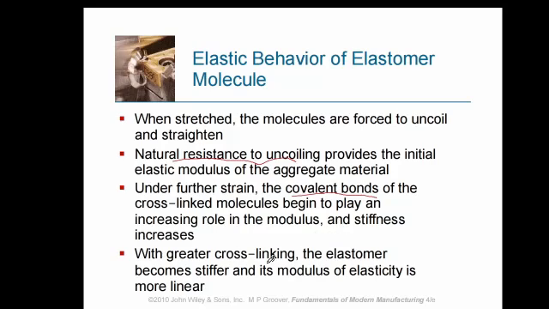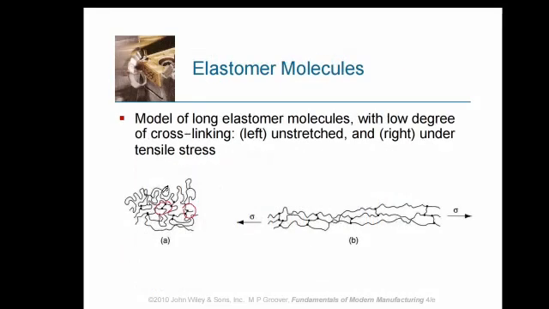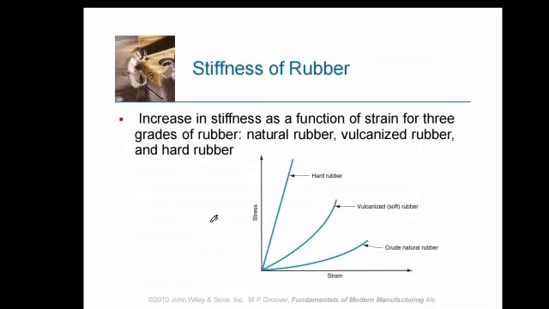With greater cross-linking, the elastomer becomes stiffer and its modulus of elasticity is more linear. So the more the cross-links, the less the elasticity. So if you increase cross-linking here, you reduce elasticity of an elastomer or a rubber.